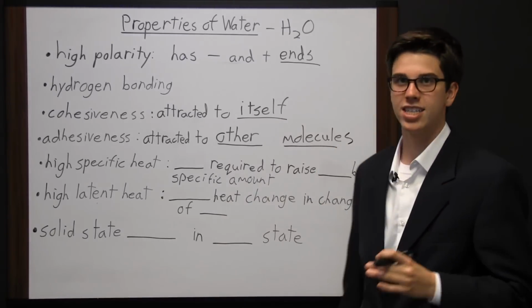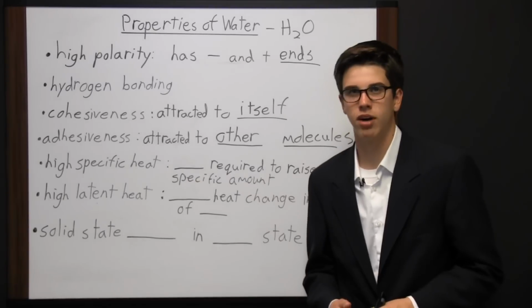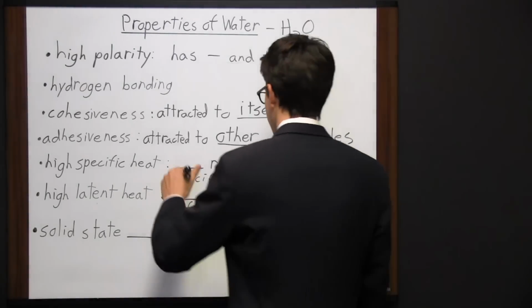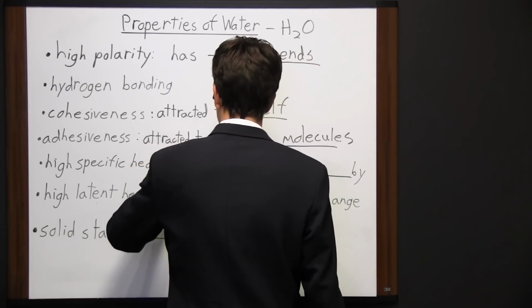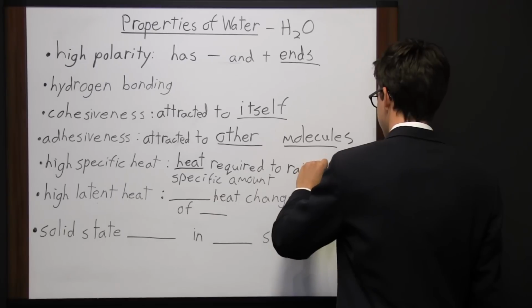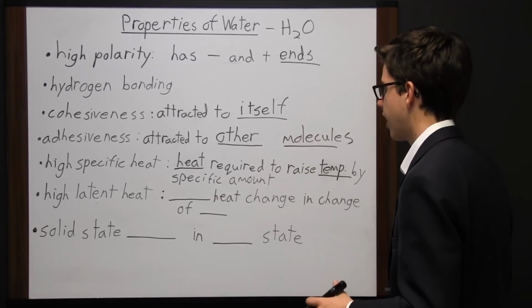Water has a high specific heat, which means it resists the breaking of its hydrogen bonds and resists heat and motion. So specific heat means that a large amount of heat is required to raise temperature by a specific amount.